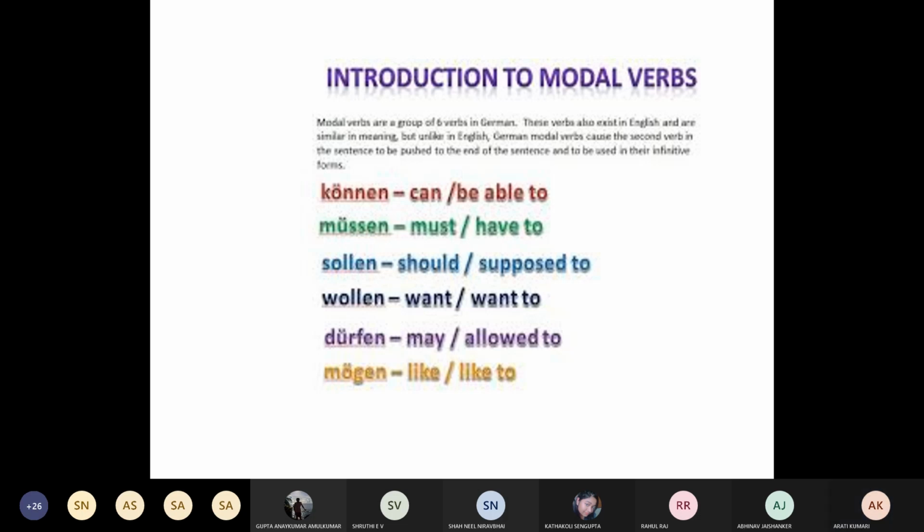Du sollst die Pflanzen gießen. Gießen means to water. Du sollst die Pflanzen gießen.